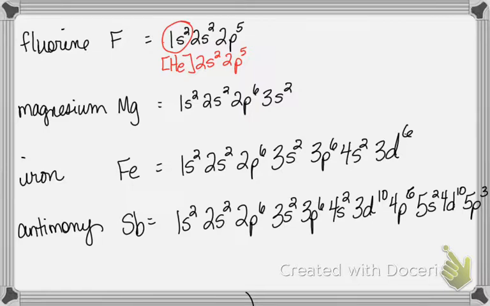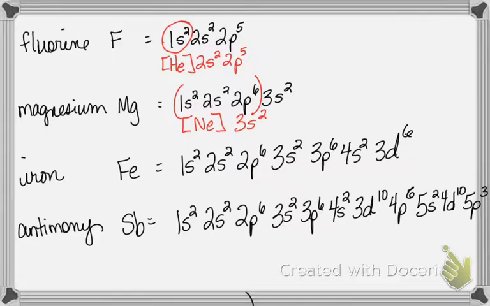Okay, for magnesium, look at your periodic table. Magnesium's atomic number is 12. It has 12 electrons when it's neutral. The closest noble gas to that, the closest one to 12 without going over, is neon. Neon has 10 electrons. So do you see neon takes care of this? So you could write neon 3s2 for magnesium.